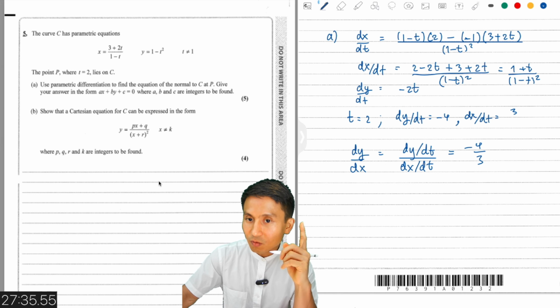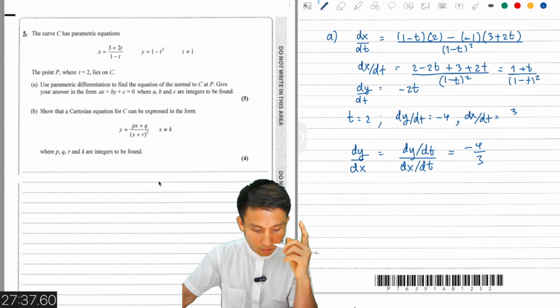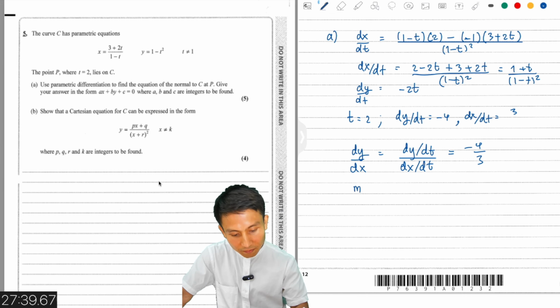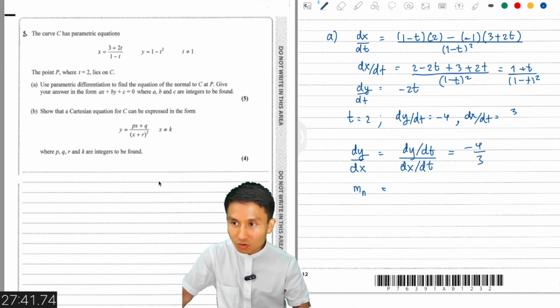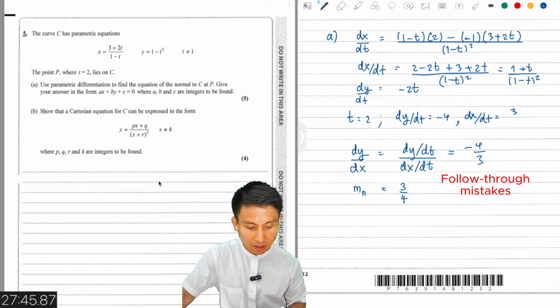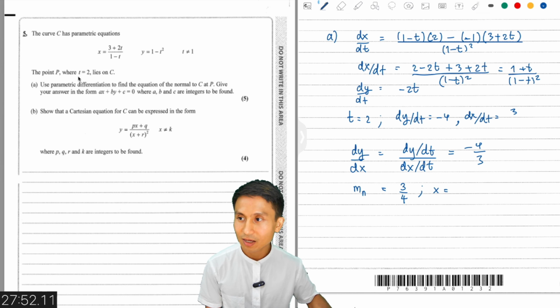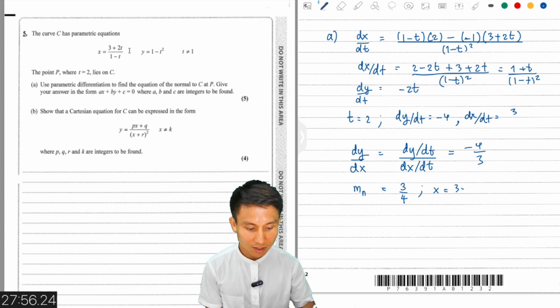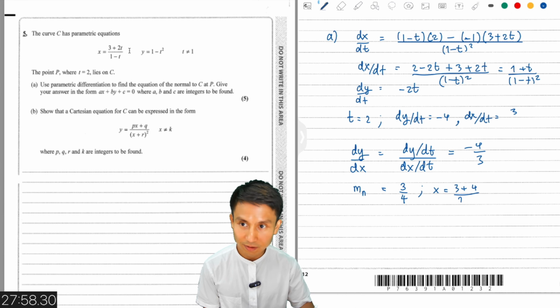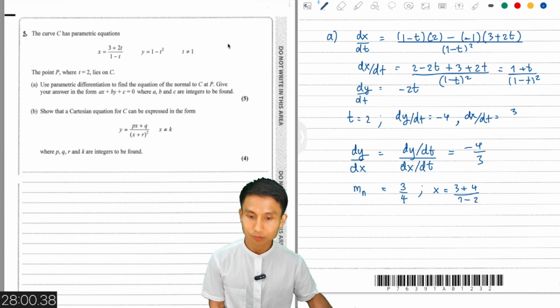But note that we want to find the equation of the normal. So we've got to flip that. So the gradient of the normal, mn, is just flipping that and putting the minus sign. So that's 3 over 4. Now we need the x and the y. So the x at this point P is substituting t equals 2 into the x here. We get 3 plus 4 over 1 minus 2, right?